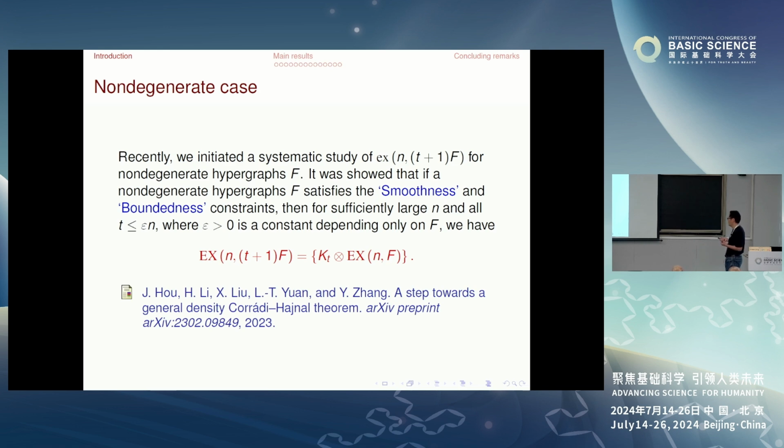It's just like the join of the complete graph and the extremal graph of F. Okay.